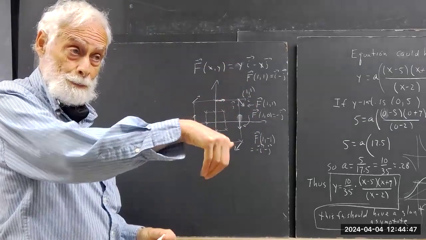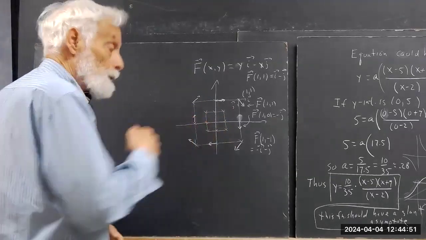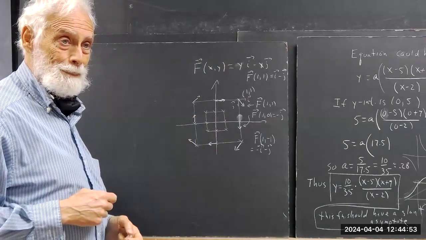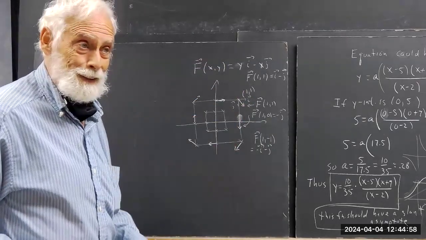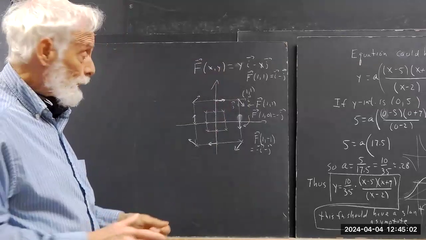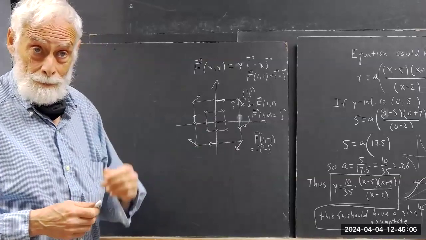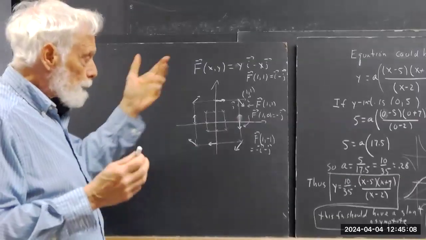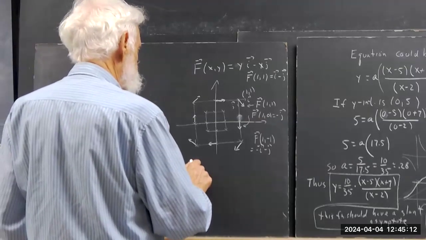The right-hand rule tells you then that this circulation is in that direction. You can't say that it has a direction in the plane because the direction in the plane is always changing, but it does have a single direction perpendicular to the plane. That's the first thing I want you to see. This is a circulating field.